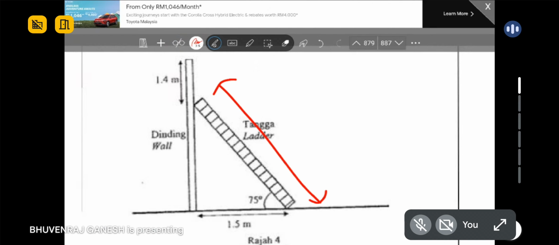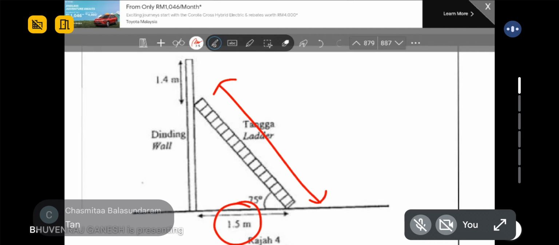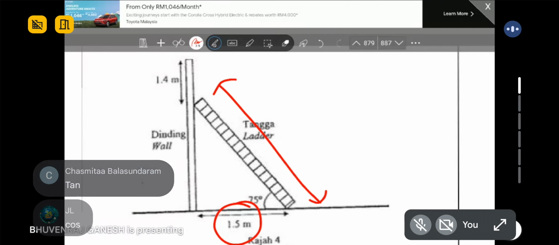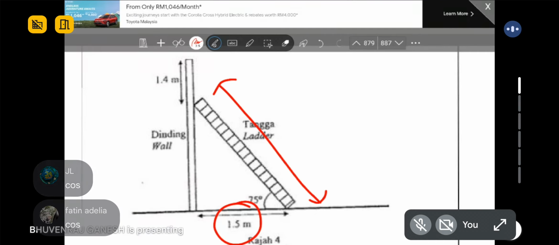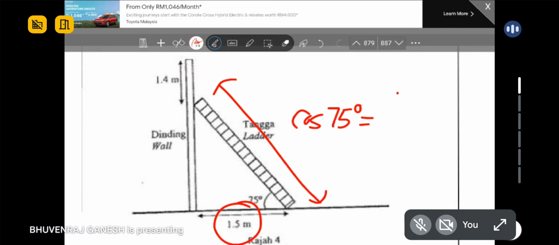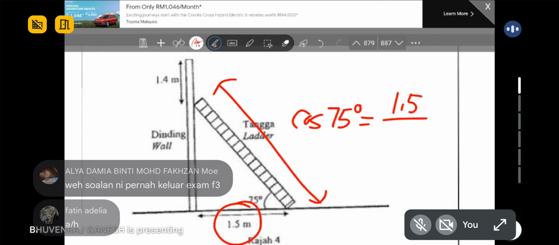So you guys must use a trigo formula. So you guys will use cos, sine, or tangent. Which one? You got 1.5 meters. No, not tangent. Yes, the answer is cos guys. Cos 75 equals adjacent, bersebelahan, bahagi, hypotenuse.